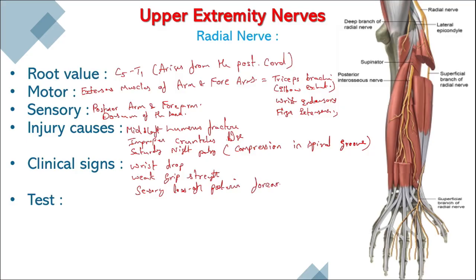We can do some tests: we can ask the patient to extend the wrist and fingers, and we can check sensation on the dorsal web space.